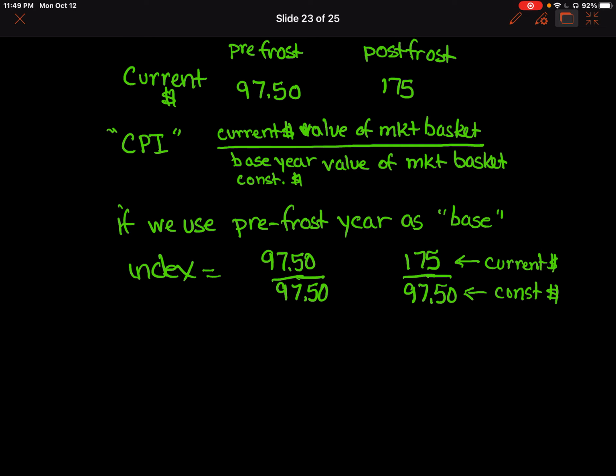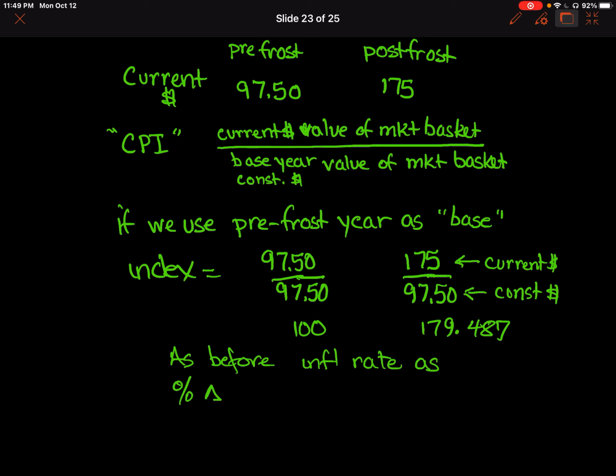And so in that particular case, this would be 100. This would be 179.487, and we could observe the same thing that we saw before. As we saw before, we can calculate the inflation rate as the percent change in the index. And this would be 179.487 minus 100 divided by 100.